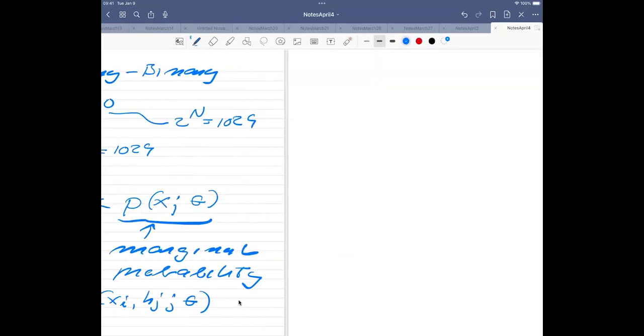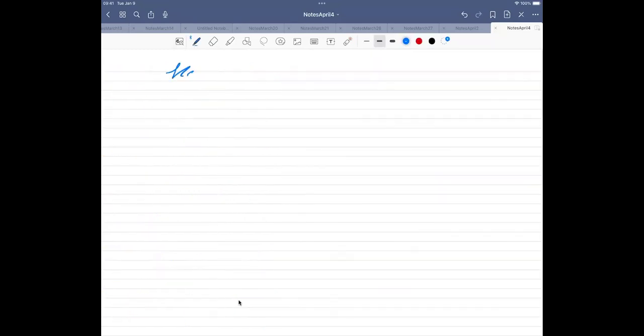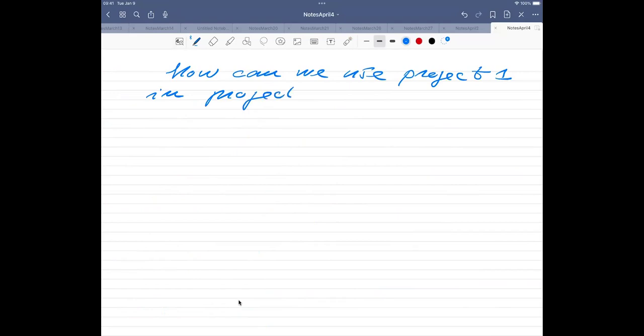So the question then is, how can we use project one in project two with Boltzmann machines?